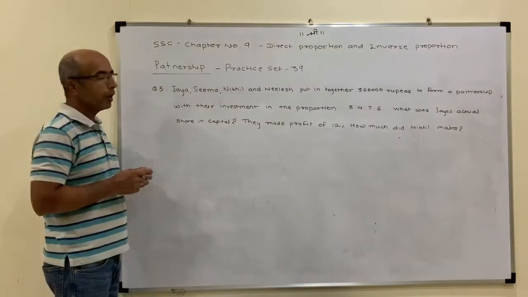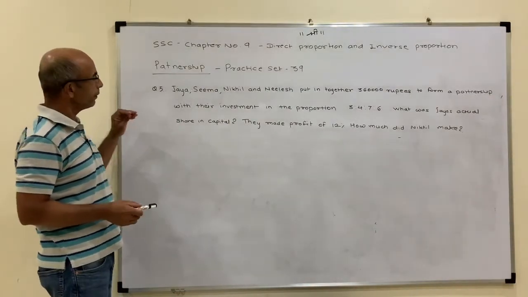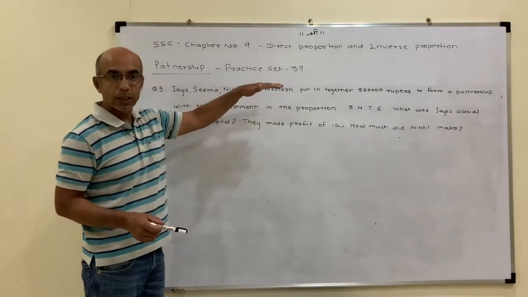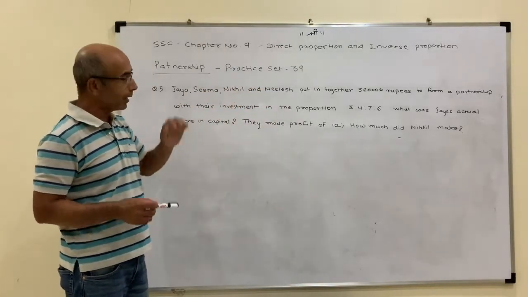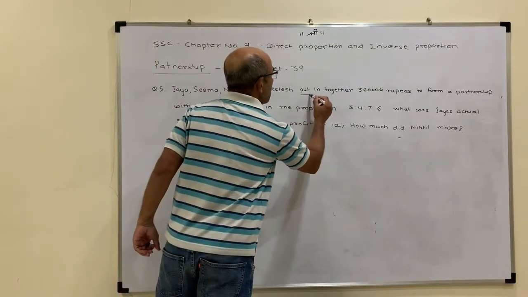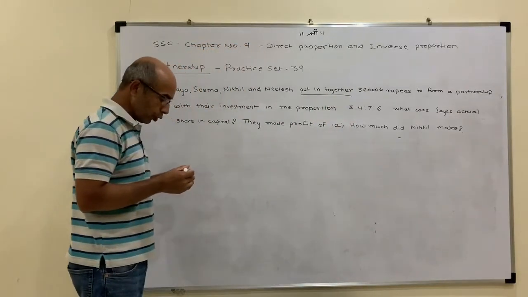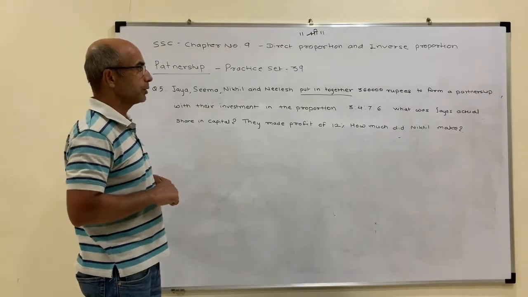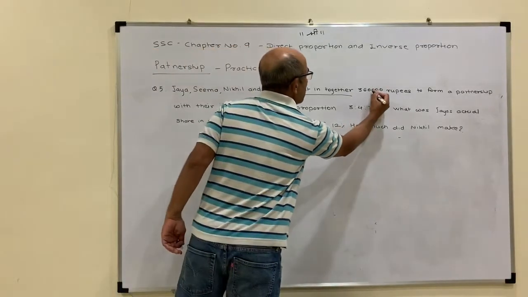343. Question number 5. Jaya, Seema, Nikhil and Nilesh put in together. Again, you need to understand and pay attention to the specific words: put in together. The total amount they contributed is 3,60,000 rupees. Now what do they say?